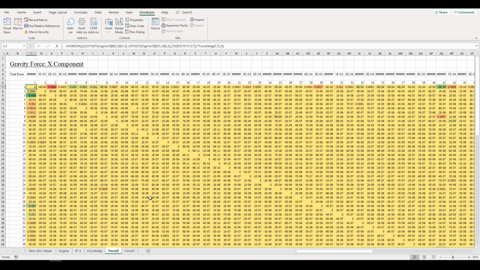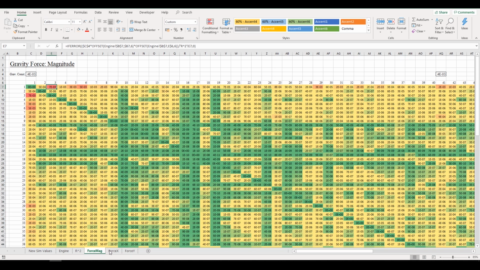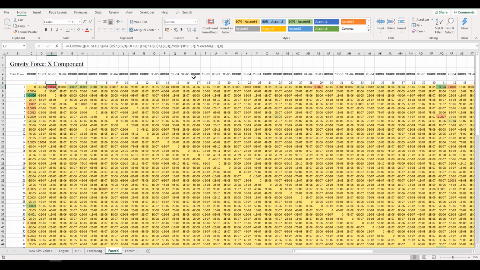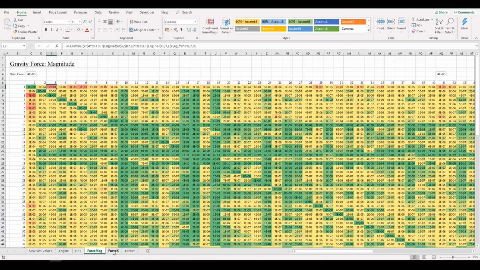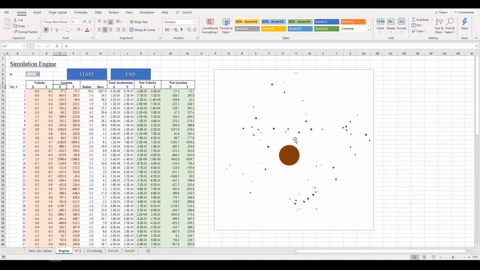But if you really wanted to save on calculations, you could and should get rid of this top right-hand side of the table. Okay, so what we do here now is we just break out that force into its x and y components. It's a simple formula that looks at the difference in the x locations of the two objects and the y locations of the two objects.